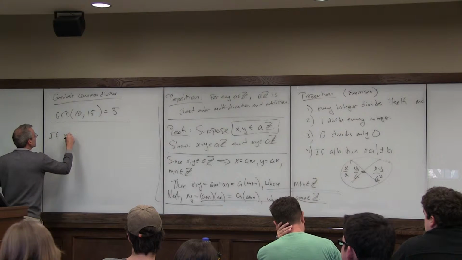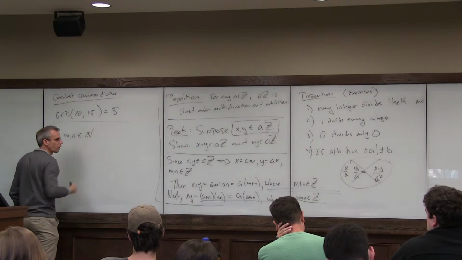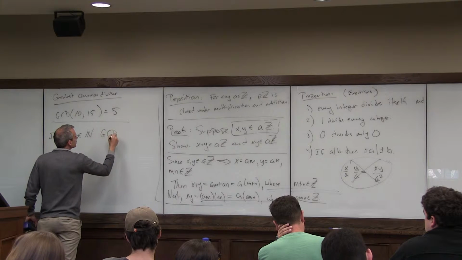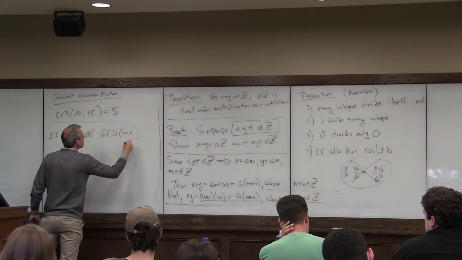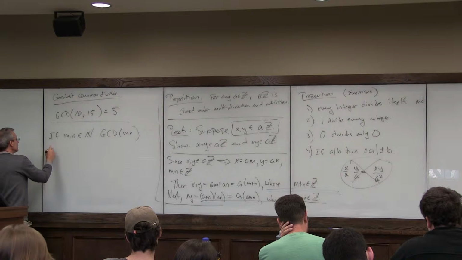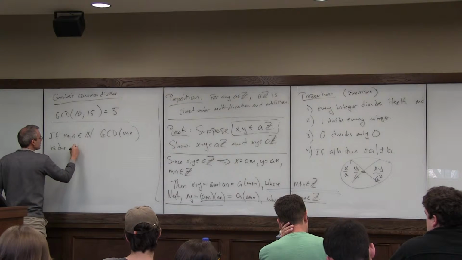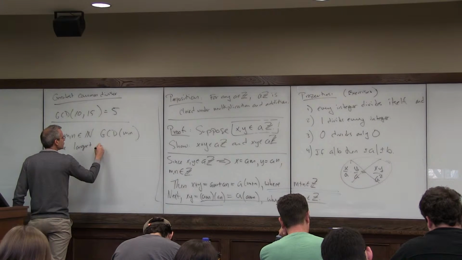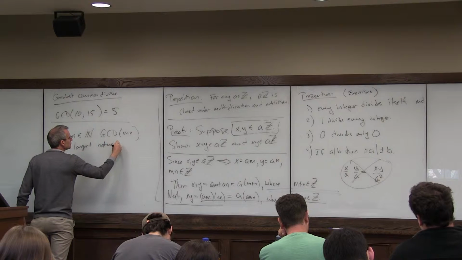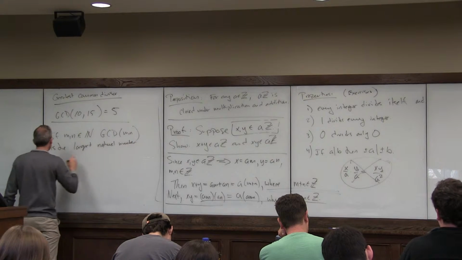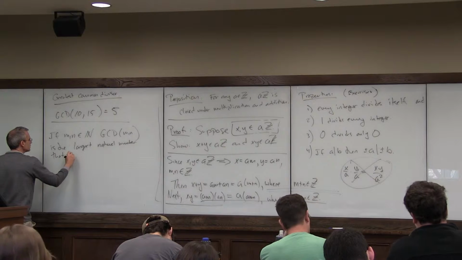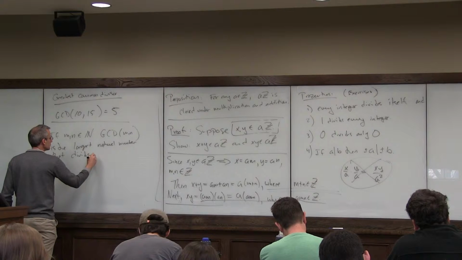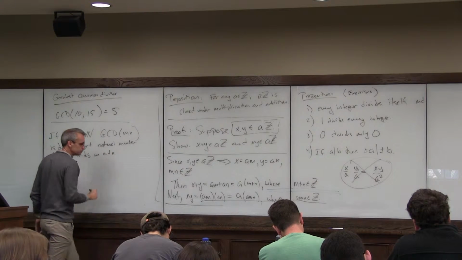So what you probably have learned before is that if m and n are natural numbers, okay, you probably didn't consider what happened with integers, the greatest common divisor of m and n is the greatest, or the largest, let's just say largest, natural number that divides m and n.